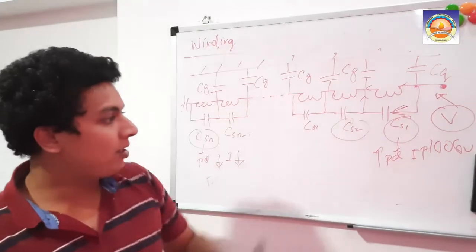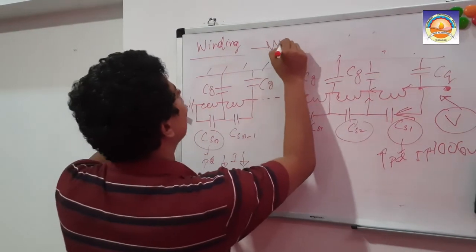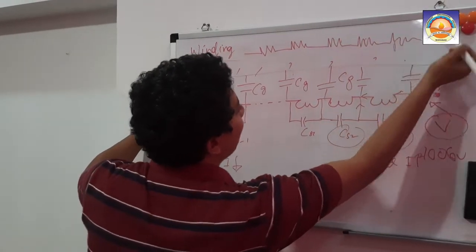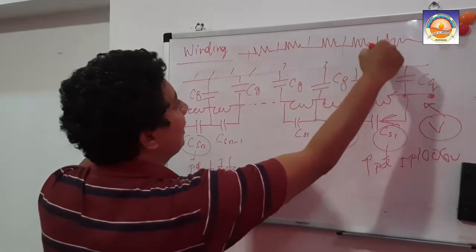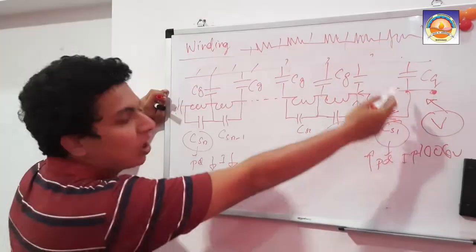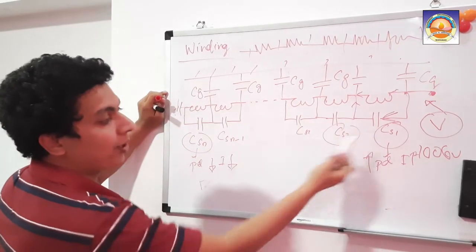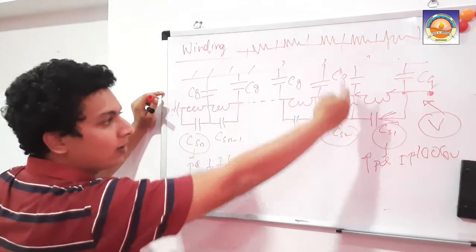Understood? So the main part is, when you have equal resistances fed like this, let me say, then what will happen? The potential drop across each resistor will be the same. But you have a complex circuit here, and your potential drop is not going to be the same all through the different lengths of the winding.